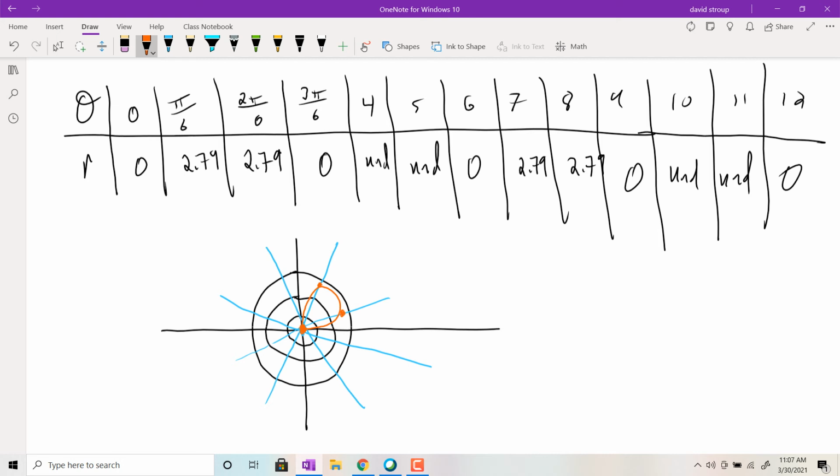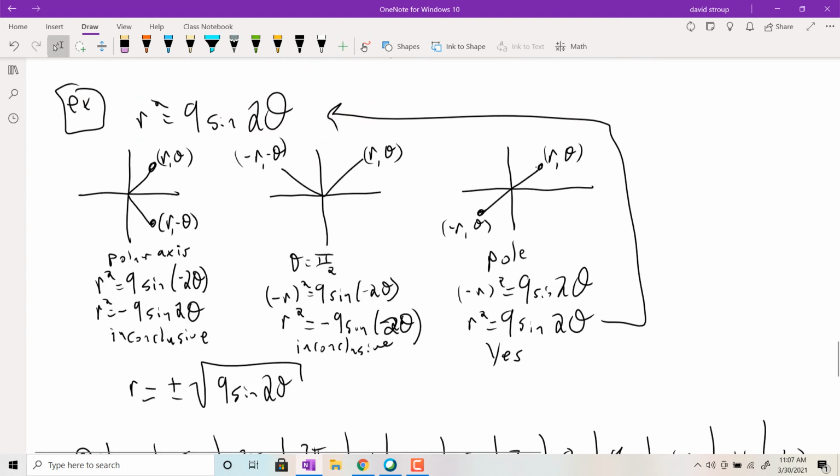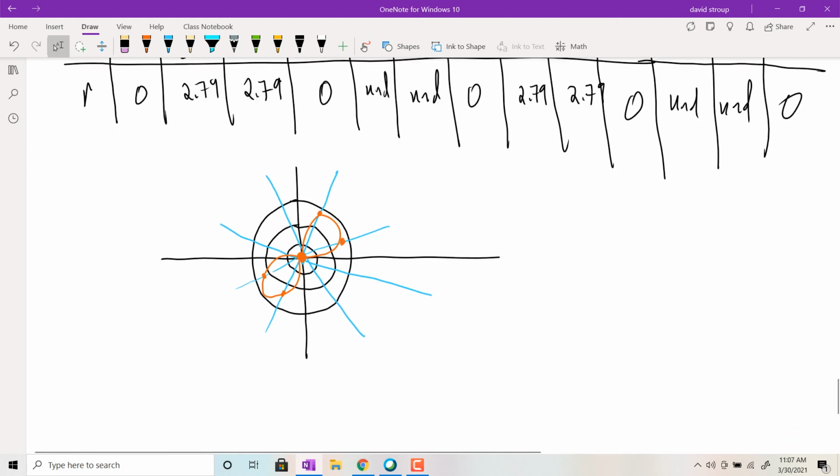And then 4 pi over 6 undefined, 5 pi over 6 undefined, 6 pi over 6 is 0 again, and then 7 pi over 6, it's going to jump out to 2.79, and then 8 pi over 6, 2.79, and then back to 0. So it's going to jump out like this, and back to 0. And you can see there's that pole symmetry straight through the origin.